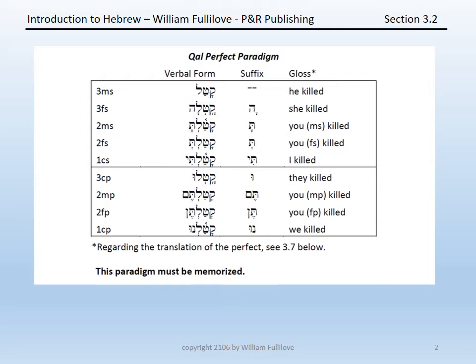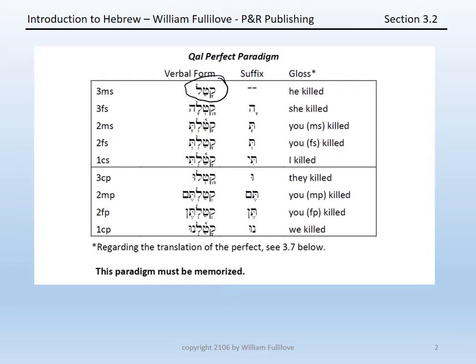You will see that to convey this information, you use a very similar vowel pattern on the root, and then you add a suffix. So the paradigm for the Qal Perfect goes as follows. Katal, which is the third masculine singular form, he killed.